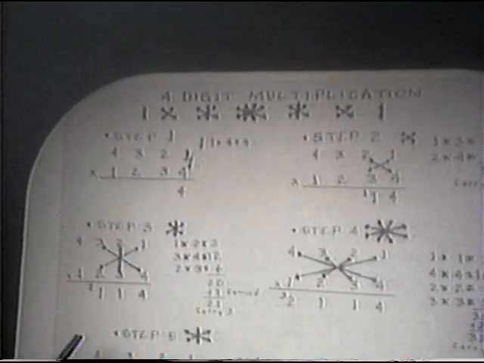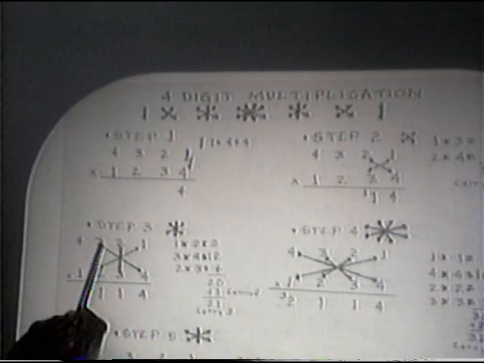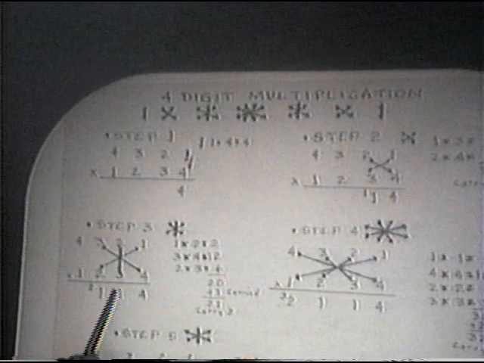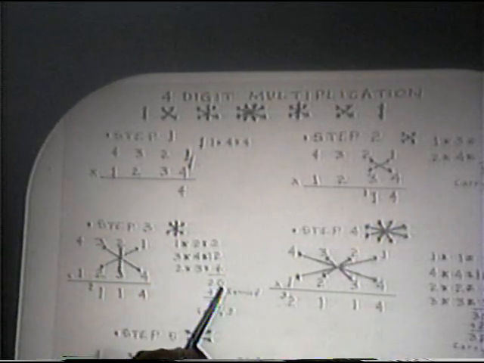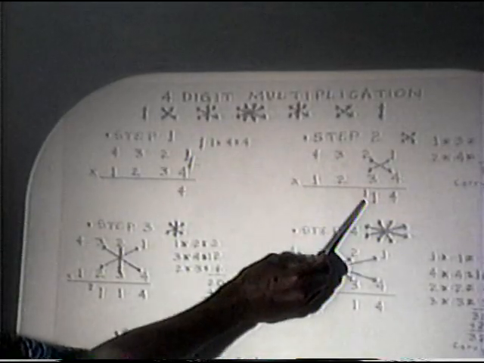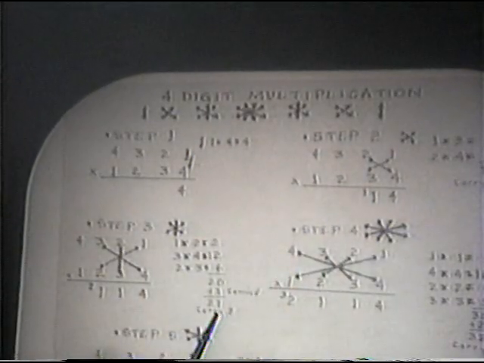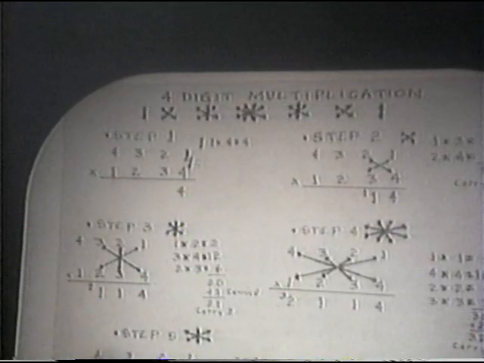We're going to cross multiply and vertical. 1 times 2 is 2. 3 times 4 is 12. 2 times 3 is 6. We add them together, we get 20, plus that 1 that we carried, which gives us 21. We write the 1, but we're going to carry the 2.